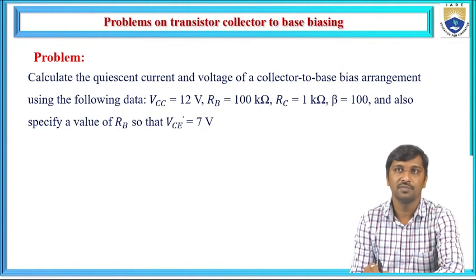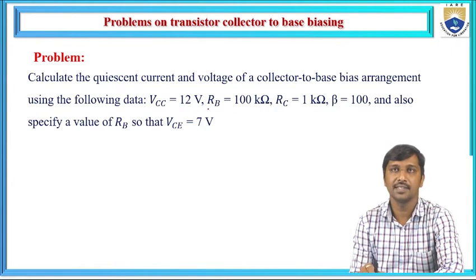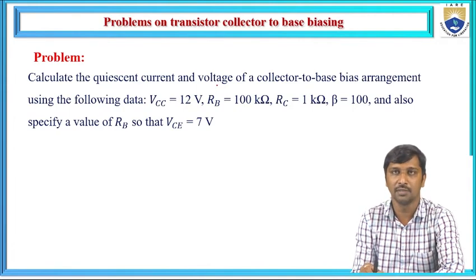In this problem, first, based on the given specifications, the DC voltage of 12 volts, the base resistance of 100 kilo ohms, the collector resistance of 1 kilo ohm and beta of 100, we need to find the quiescent current and voltage, that is, the operating point.